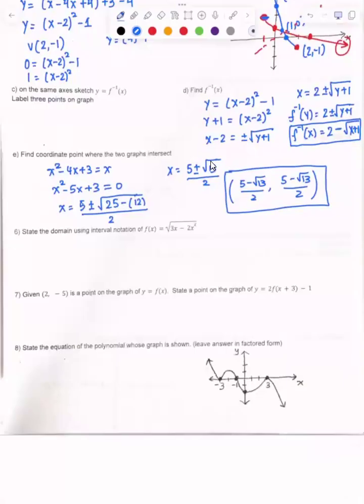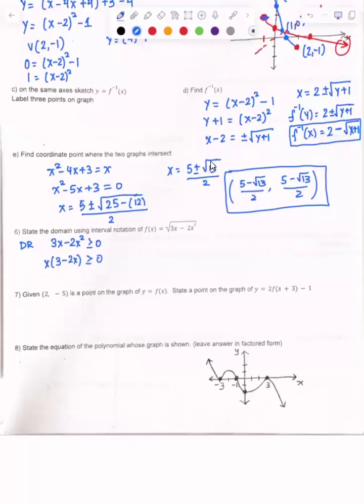Okay, state the domain. You know the domain restriction. 3x minus 2x squared has to be greater than or equal to 0. This one here, we can just factor the x out. It's x times 3 minus 2x.